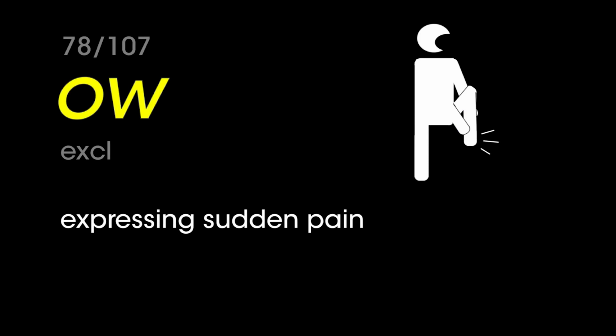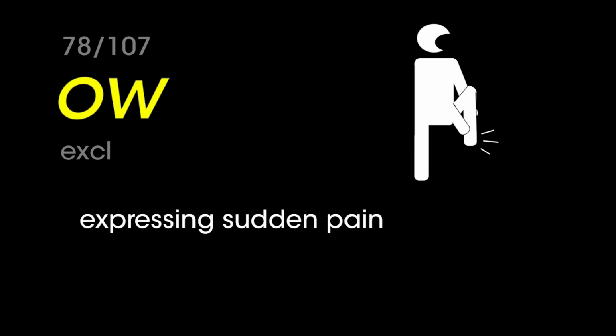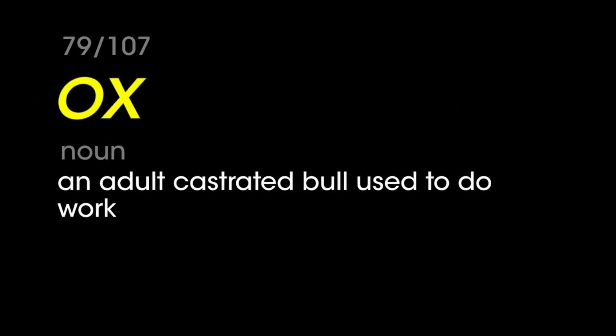Ow. Speaking of ankle joint, expressing sudden pain, some Achilles heel or something. That's what I was thinking of. Yeah, just ow, I guess so. Man, those are a lot of words. Ox is an adult bull used to do work, which I found interesting. Apparently, I didn't know this.